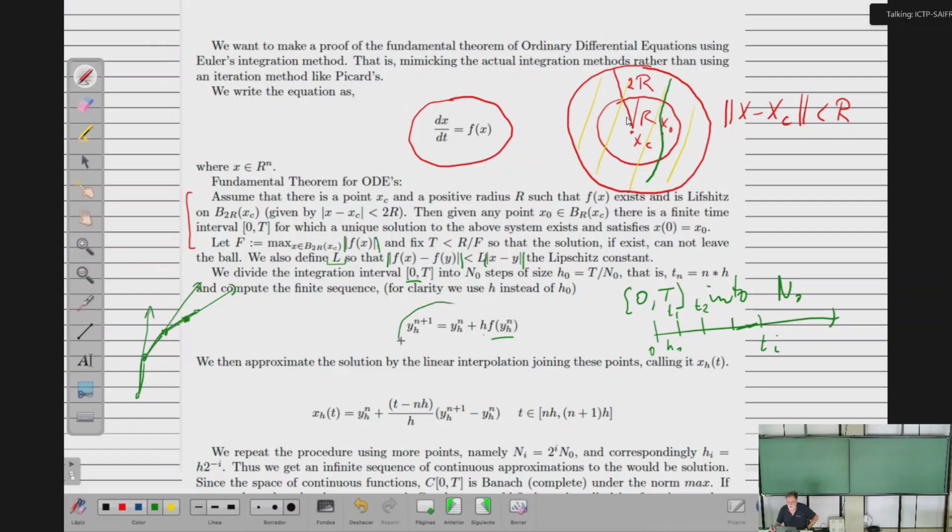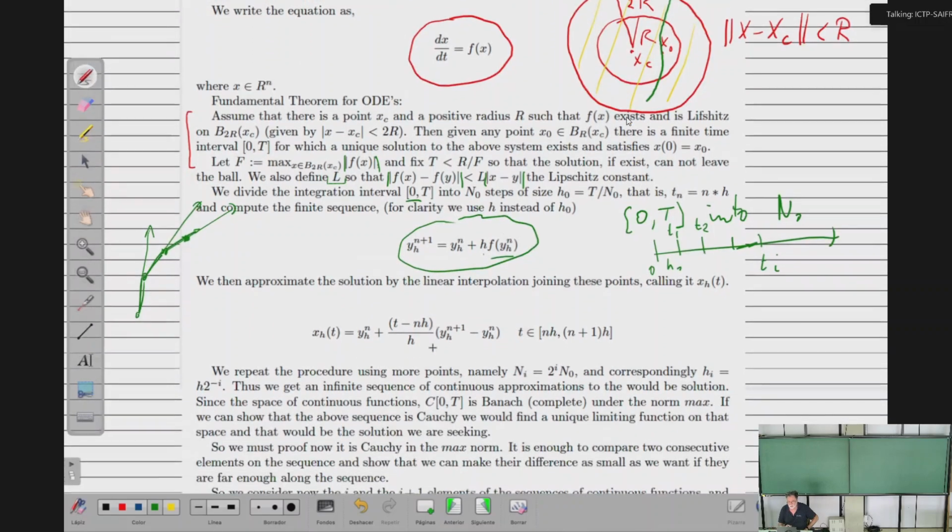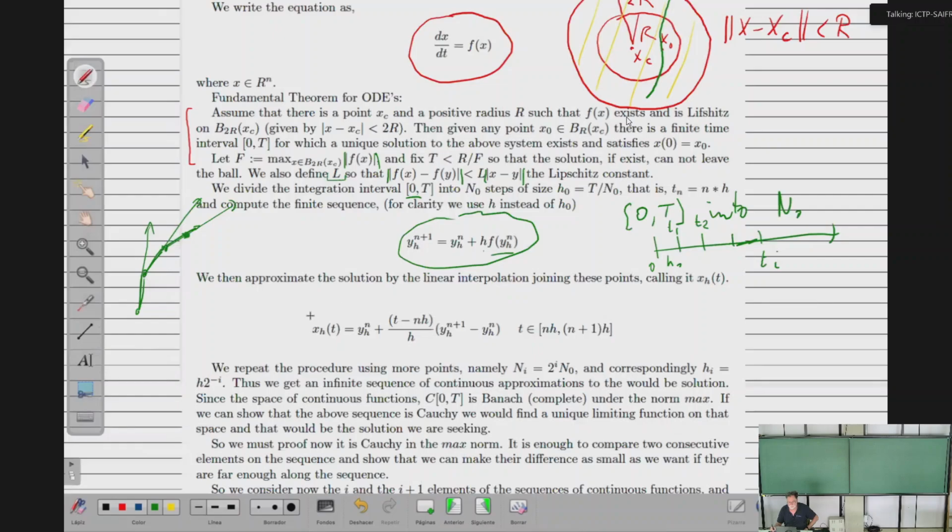So this is a set of points, and with this set of points you interpolate them in a linear fashion, and you get a function. This is a function now in the continuum, defined at every step like a continuous function.